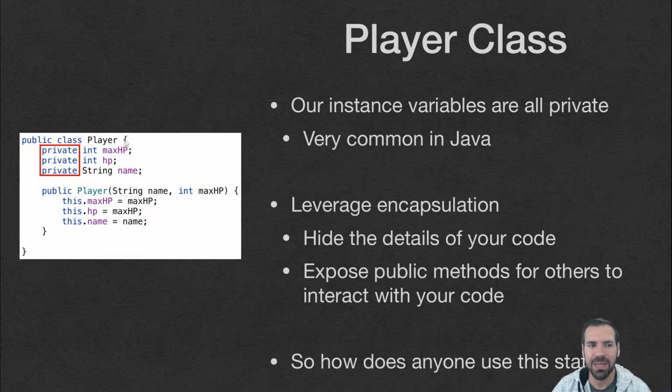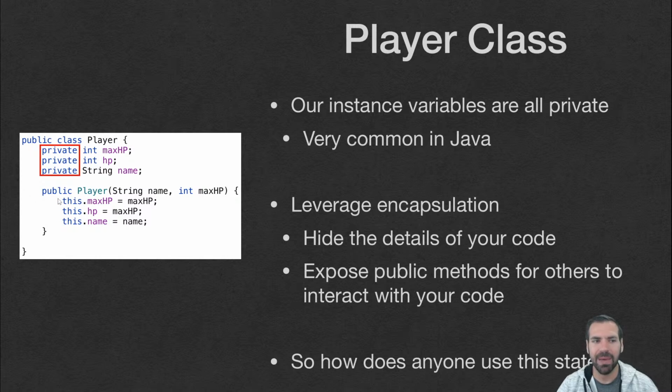Any code in between those two braces can access the private variables and methods declared inside that class, and anything outside those braces cannot. It's a very hard line. If you have code outside of these braces, it cannot access these private variables.